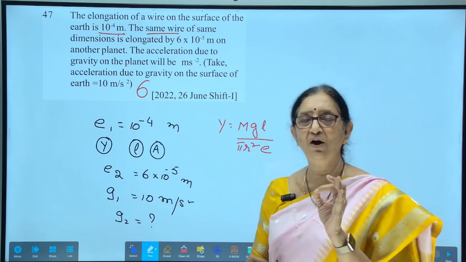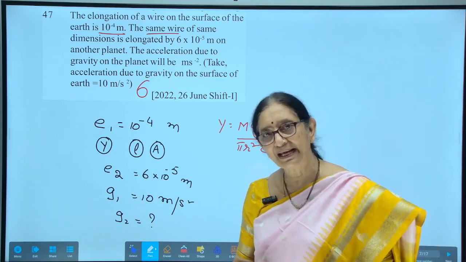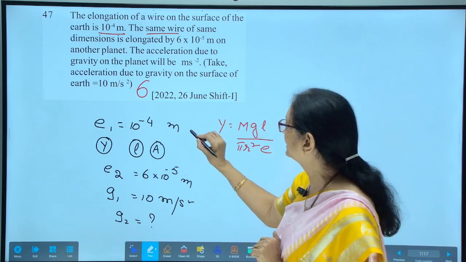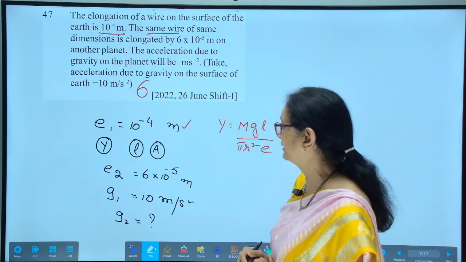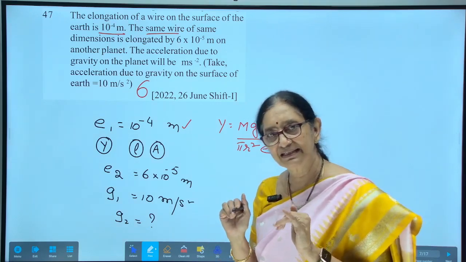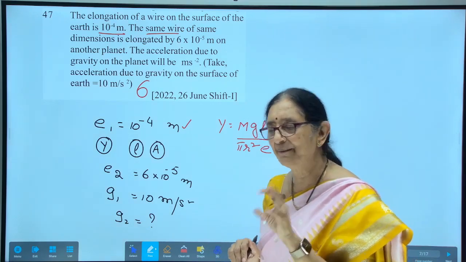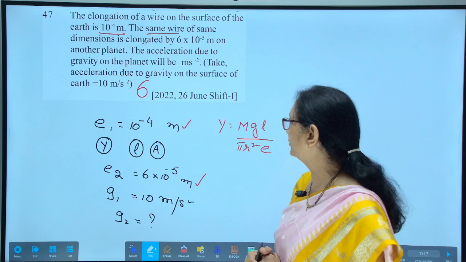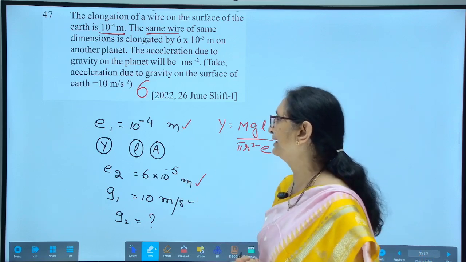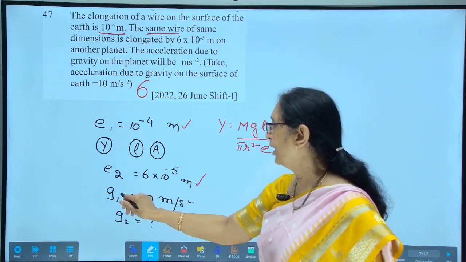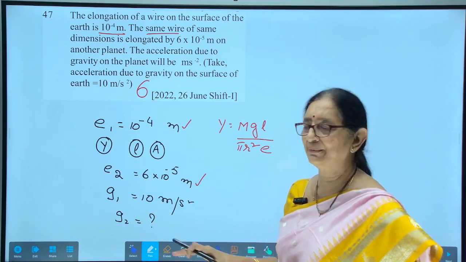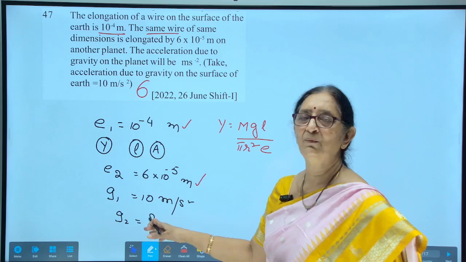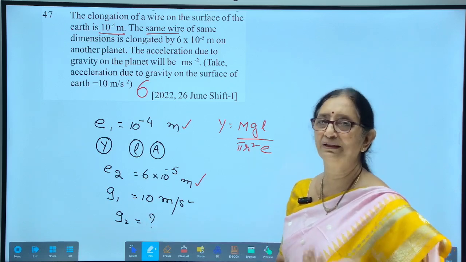See here, elongation of a wire with a given load on earth is 10 power minus 4 meters. With the same load for the same wire, the elongation when taken to another planet is 6 into 10 power minus 5. On earth, acceleration due to gravity is given as 10 meter per second square. What is acceleration due to gravity on that planet?